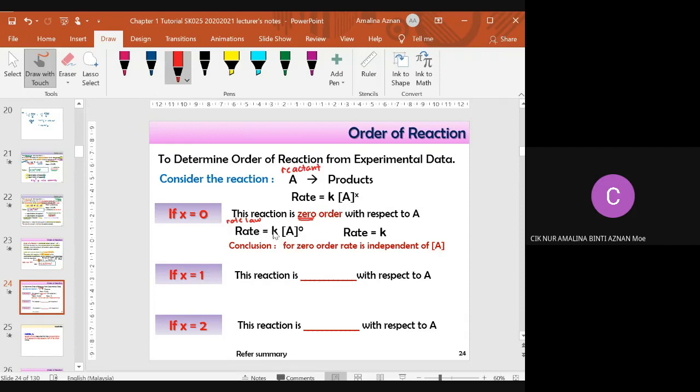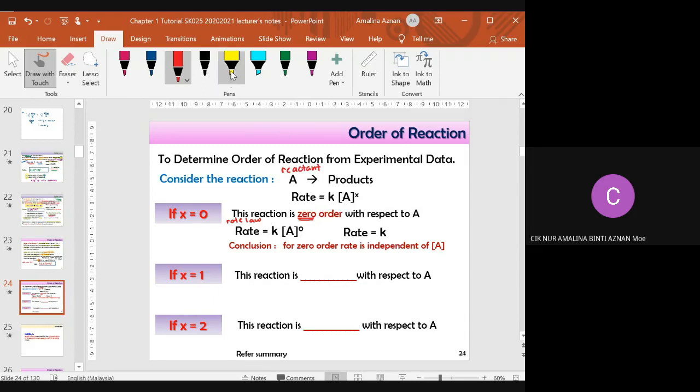When you solve, anything to the power of 0 is 1. So you get rate equals k. So the rate of reaction is also equal to the rate constant.